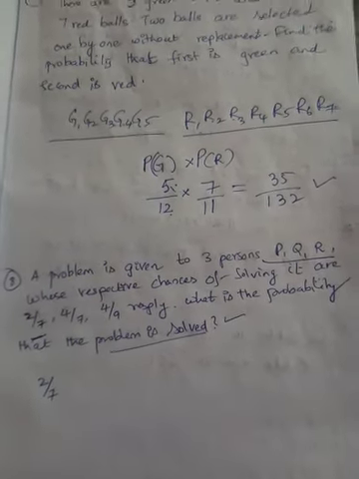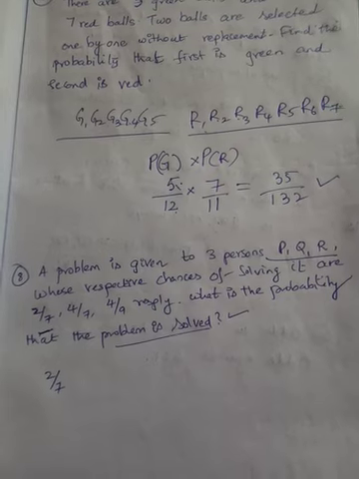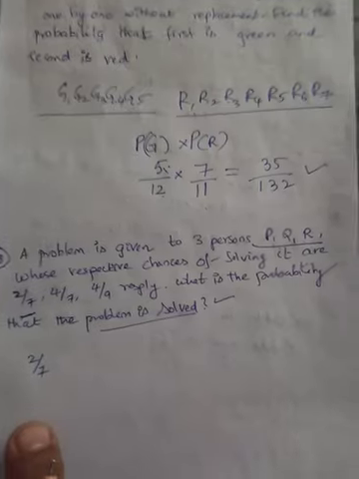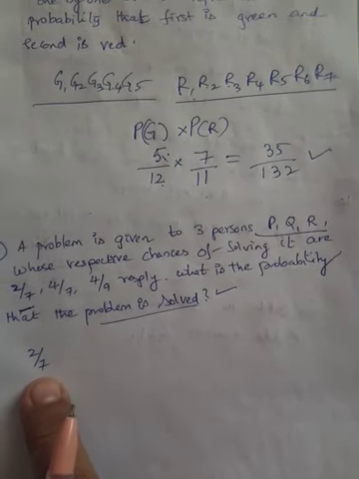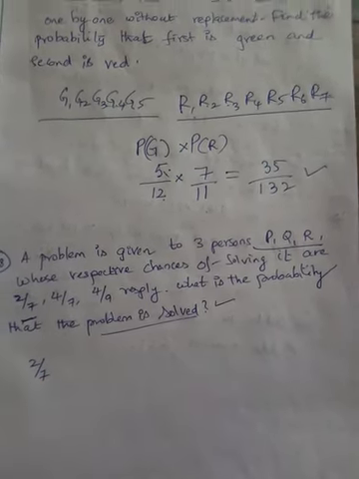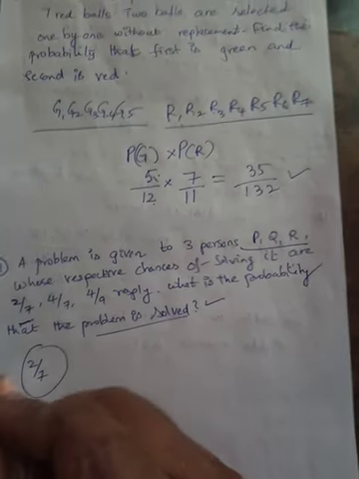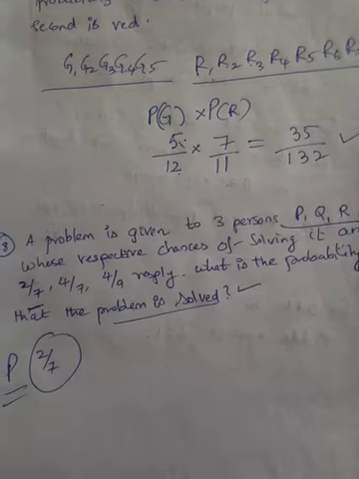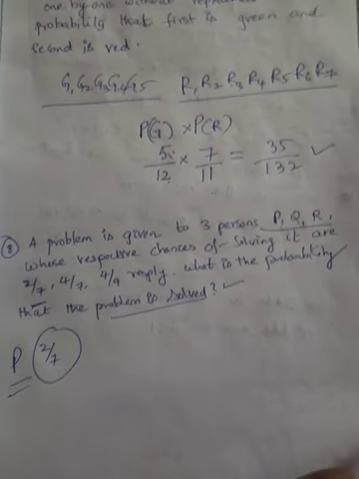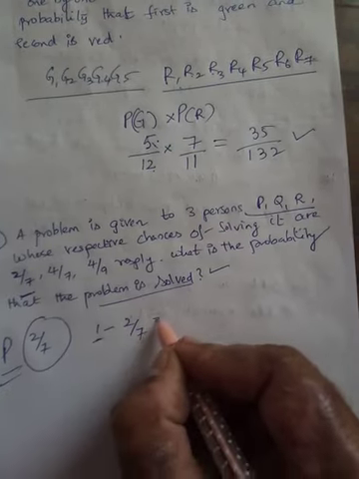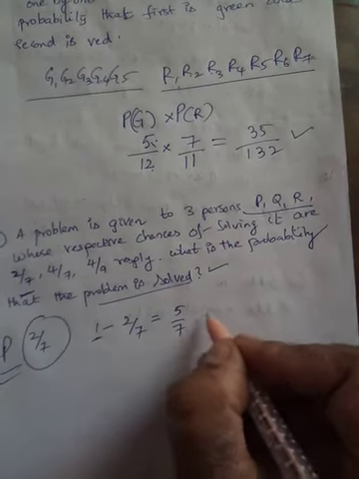Let us see this. The probability of solving the sum by P is 2 by 7. The probability that he is not able to solve the sum is 1 minus 2 by 7, if 1 is the total probability, that is nothing but 5 by 7.